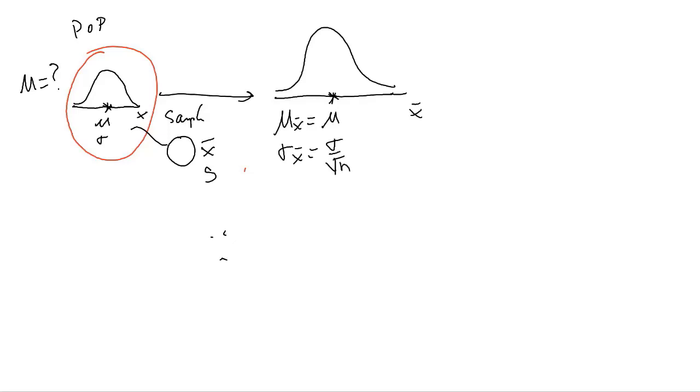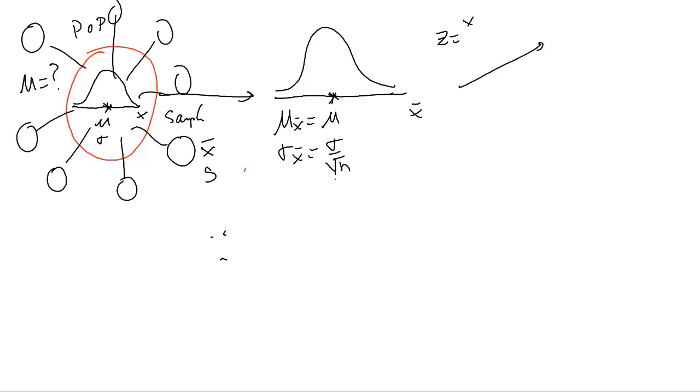But listen, we don't know the standard deviation of the population. We can transform that distribution into the Z-score or T-score distribution. We can transform this into the Z-score when we know the standard deviation, and the Z-score for each sample is obtained by X bar minus the center divided by sigma over the square root of n.